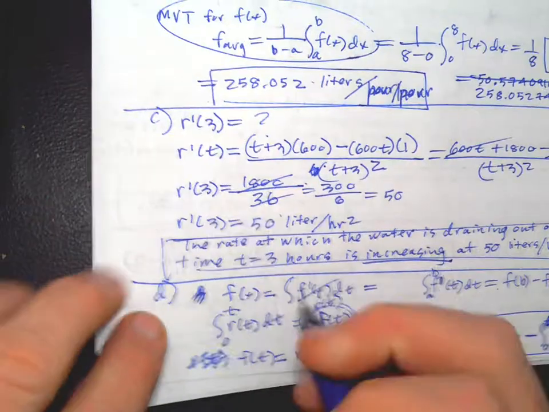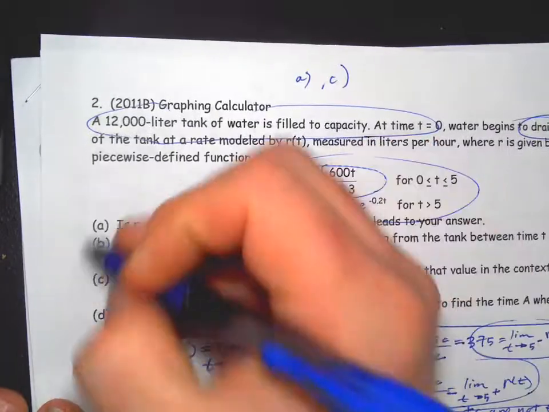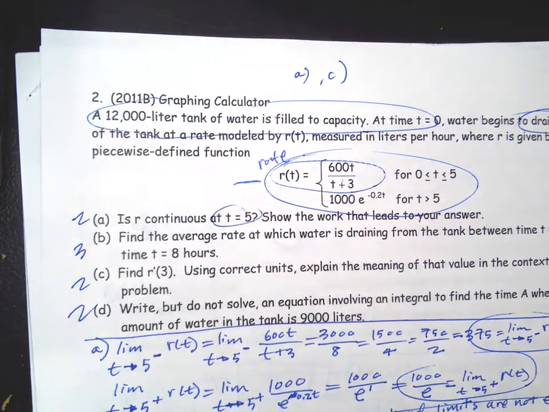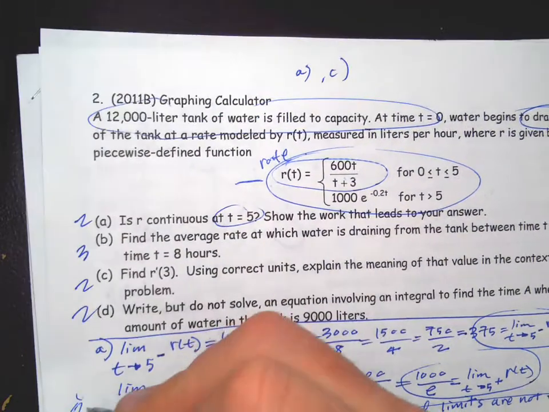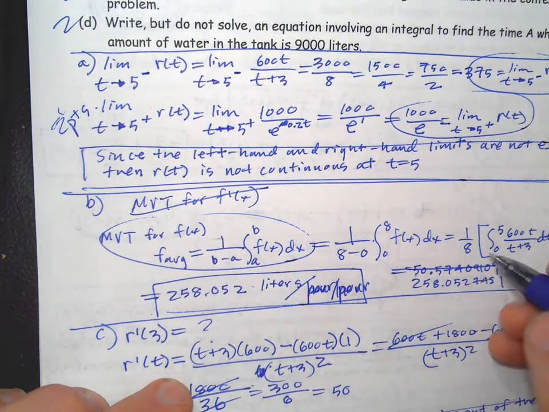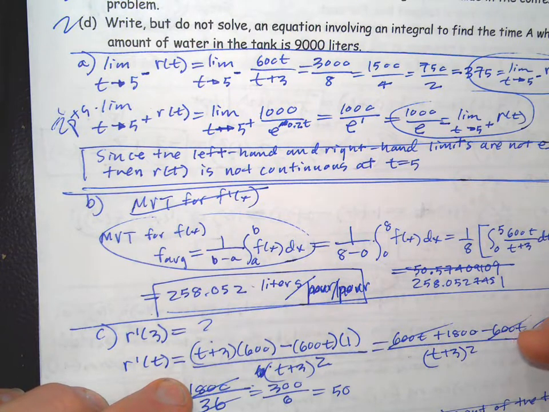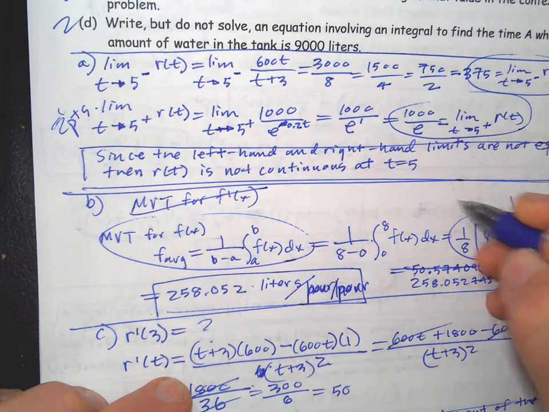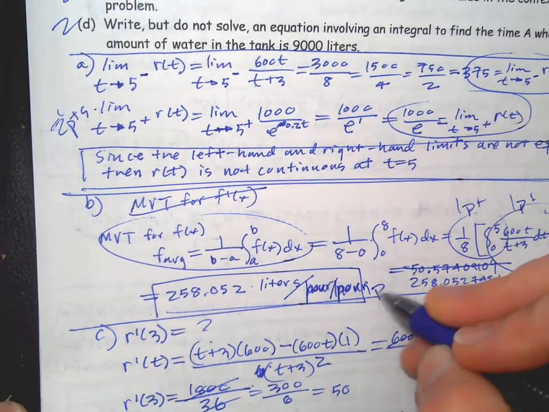This problem's point breakdown here was 2, 3, 2, 2. The first problem was 2 points, all or nothing. And that's one I think you guys should be able to do now. B was 3 points, 1 point for this stuff, 1 point for the limits and the constant, 1 point for the answer.